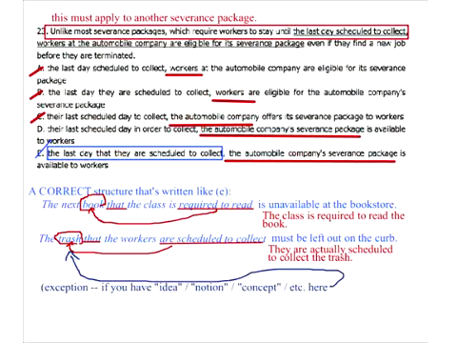Here's an example. If you have something like the idea that students are supposed to clean their classrooms is common in some countries.